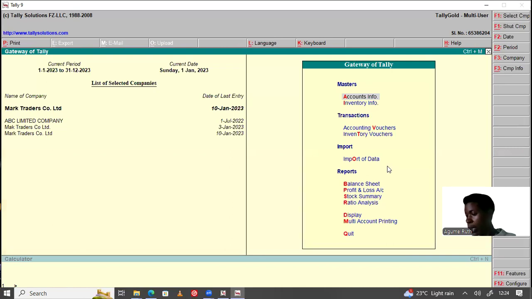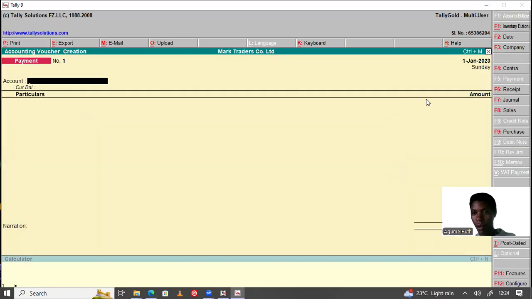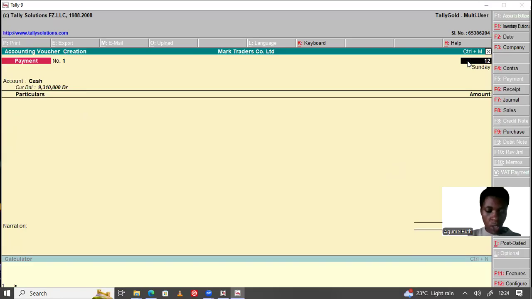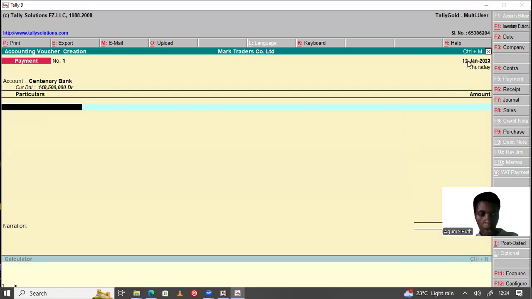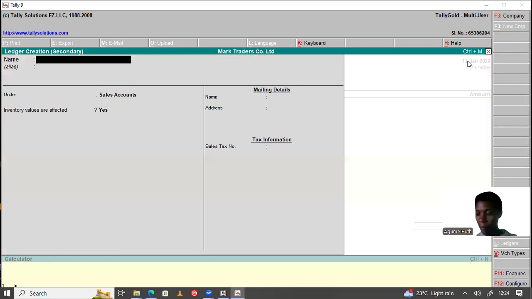Then they're saying cleared the following expenses by check. So it is done on 12th January 2023. It is by check, centenary. So I use secondary creation and create fuel.